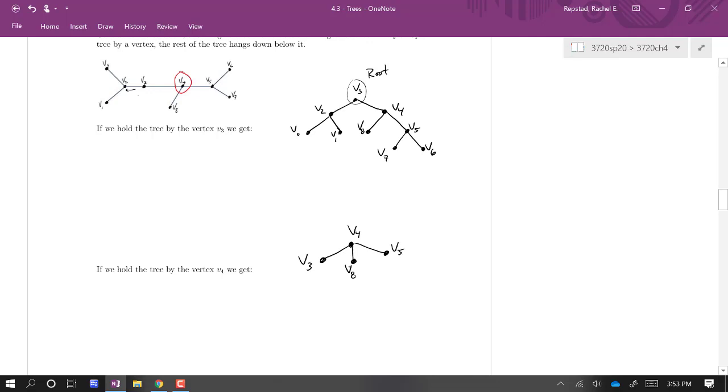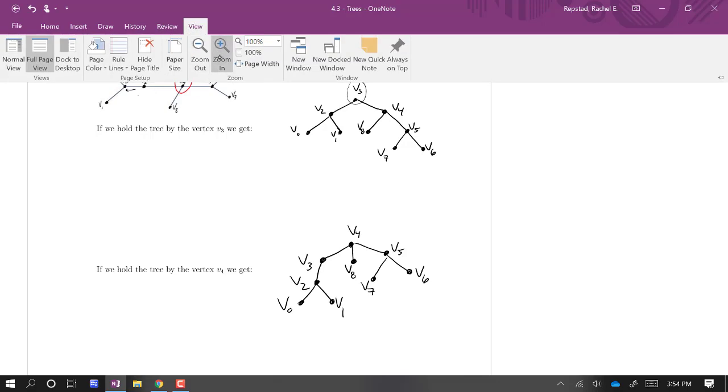Off of V5 I've got V7 and V6. And off of V3 I've got V2, and then V0 and V1. All right, so when we do this, we call it a rooted tree because we have distinguished a root.